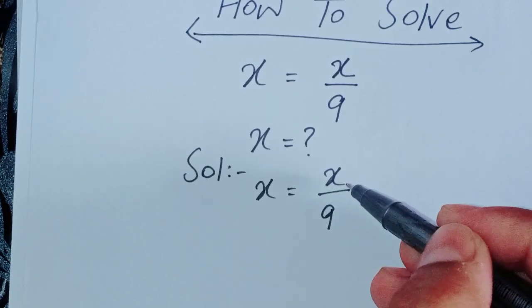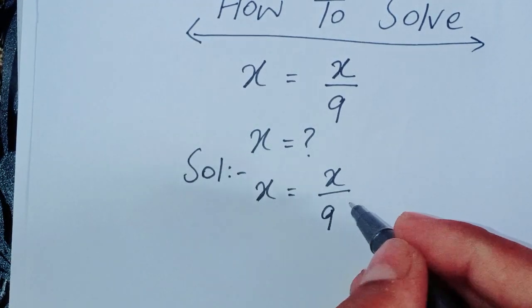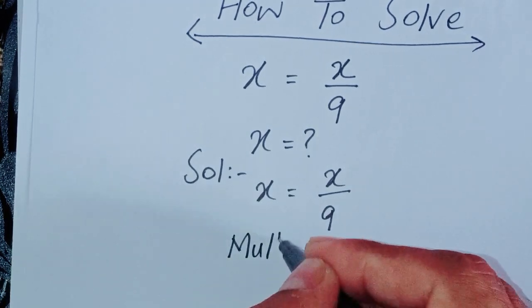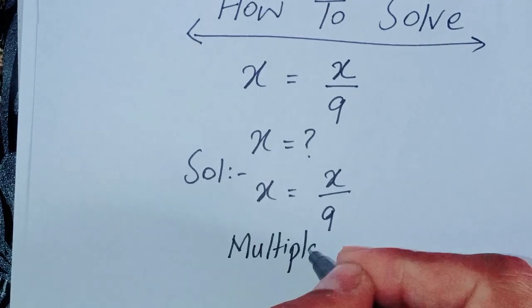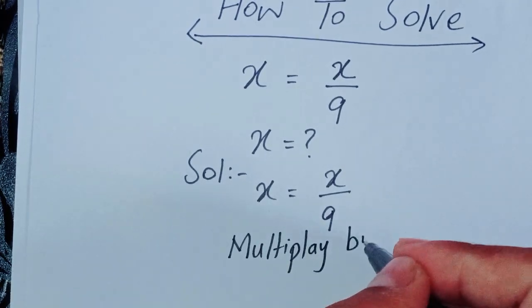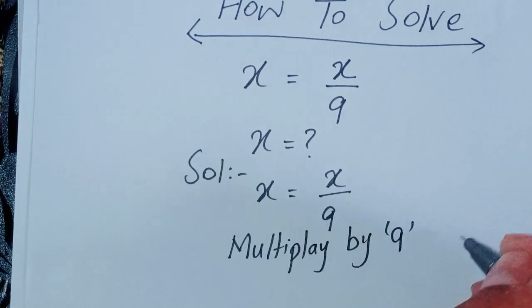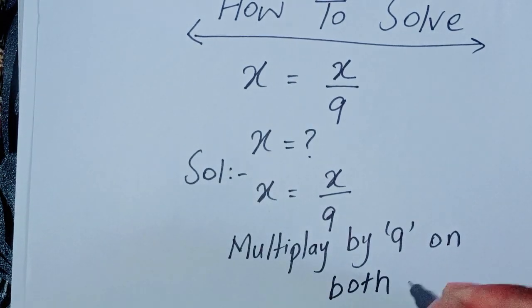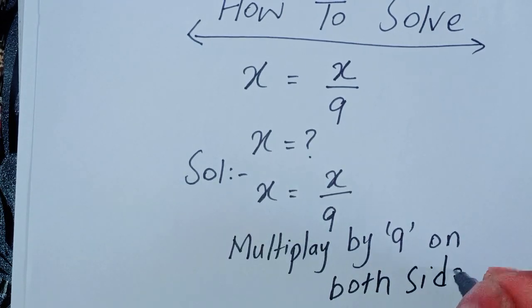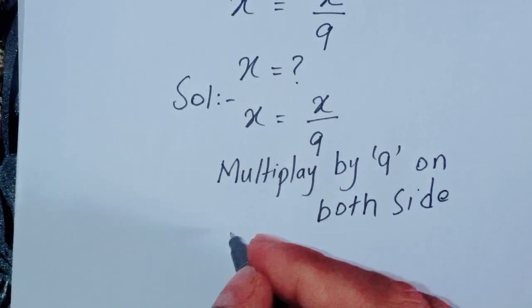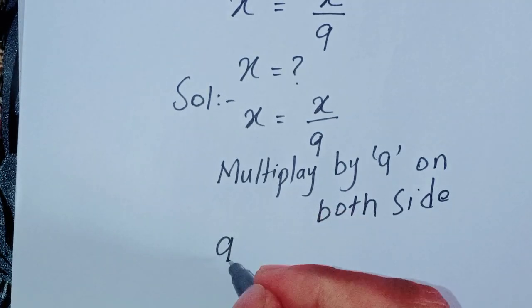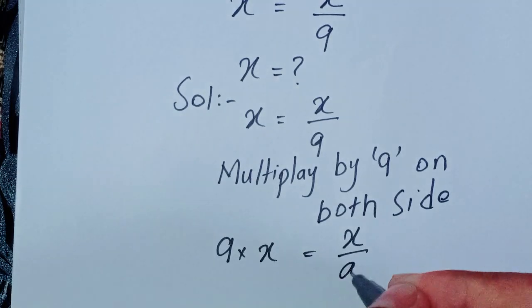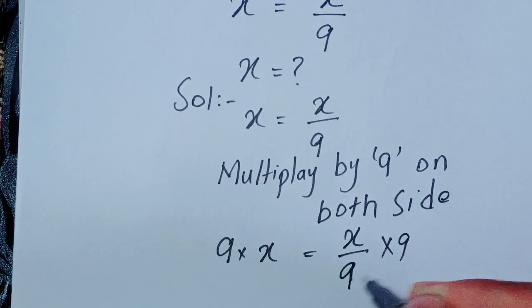So to find x, multiply by 9 on both sides. 9 multiplied by x is equal to x over 9 multiplied by 9.